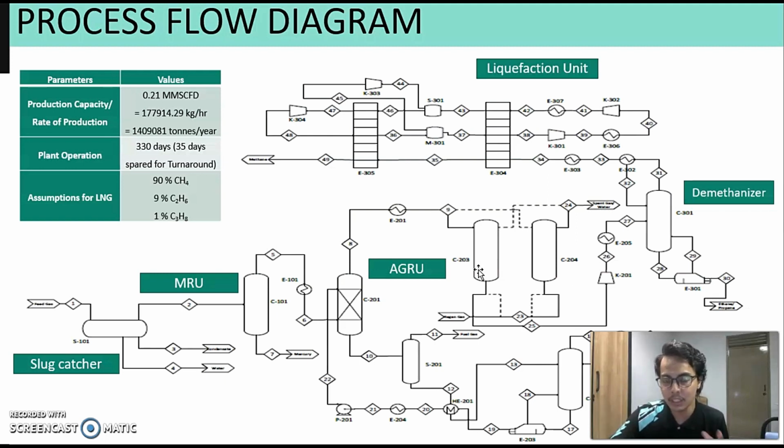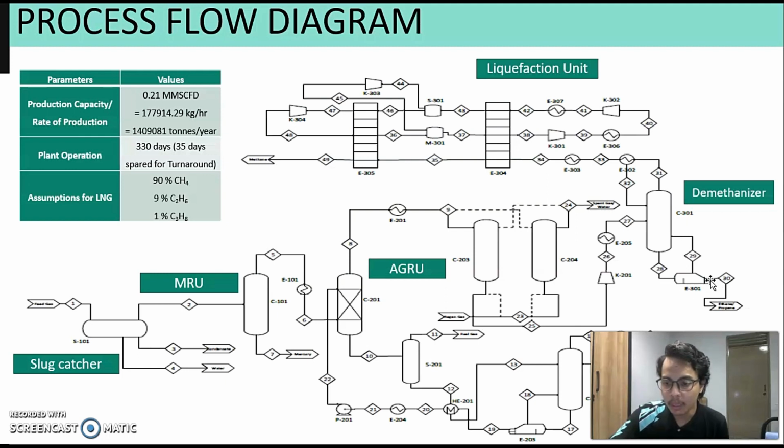If the running one is saturated with water, it will be regenerated using regen gas, and the other adsorption column will be used for the adsorption of water. Then after the gas has been dehydrated, we proceed to the demethanizer, where it will separate methane from ethane and propane.